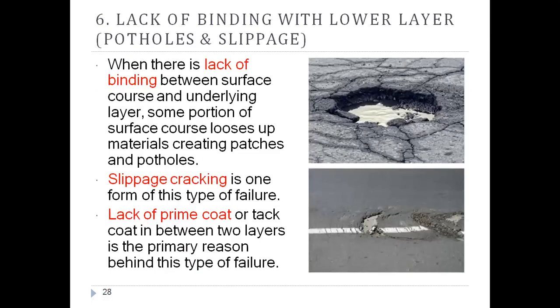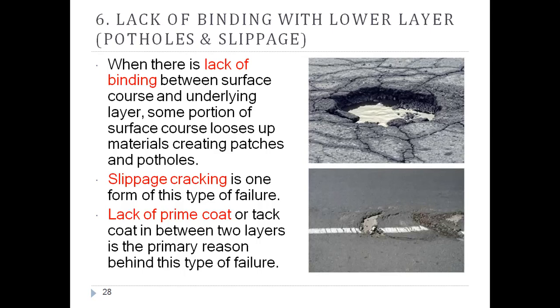Here in this image, these are nothing but the lack of binding with the lower layer, the potholes, or the slippages. The major problem in the forming of these types of potholes in the pavements is the lack of binding between these particles. Between the surface course and the underlying layer, some portion of the surface course loses material, creating patches and potholes.